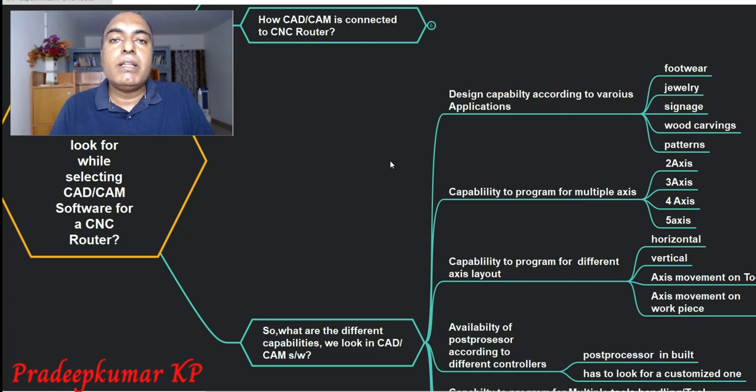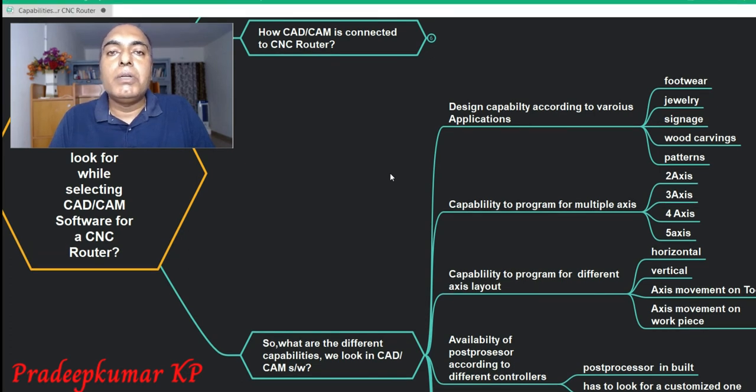Once you make it in that CAD software, you can bring it into any CAM software. You need not bother about whether that vendor itself gives us CAM software or not. If he gives both CAD and CAM together, it's well and good. So that is the first point, the design aspect.